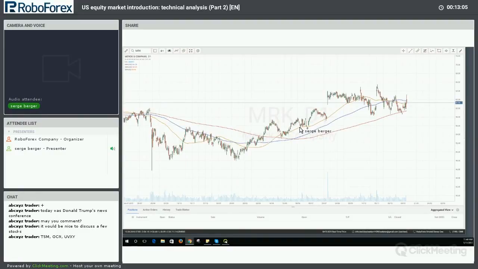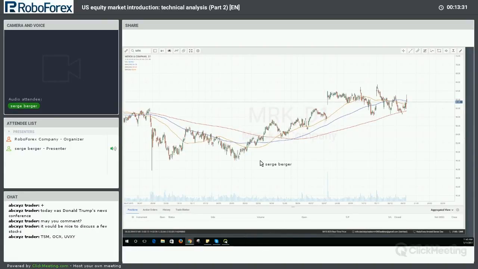Because when I open up a chart and look at the color of the moving average, I don't have to think twice about it. I know exactly which one it is. Now there's also the little diagram up here, but it makes it easier and quicker if you can just look at the color and understand which moving average it is. That's just a little trick I want to give you, and now let's move on to the next bit.